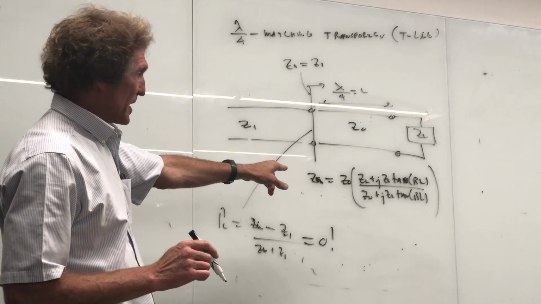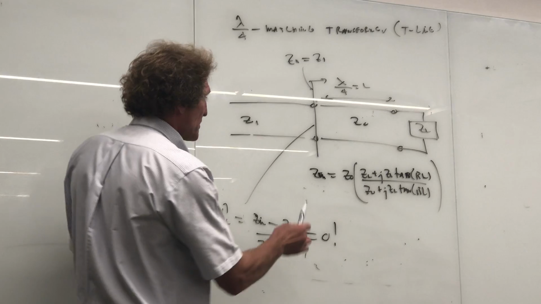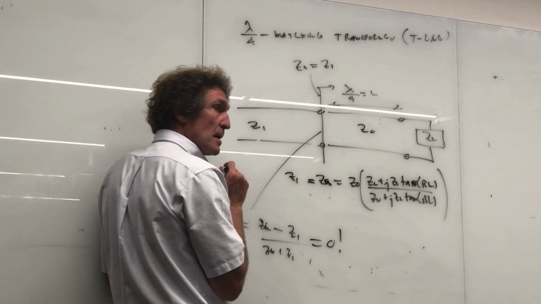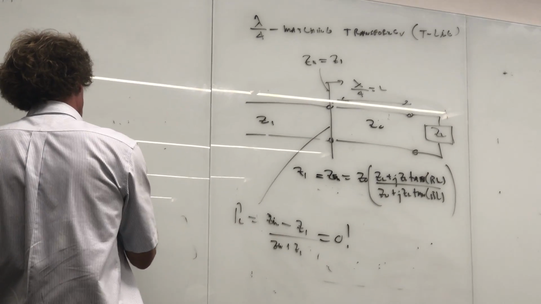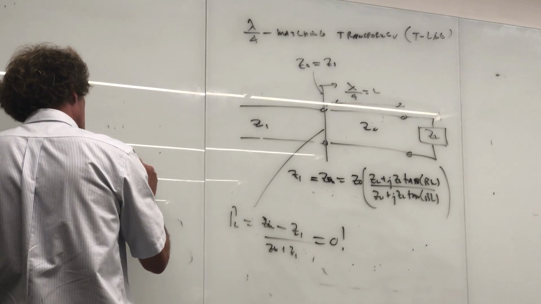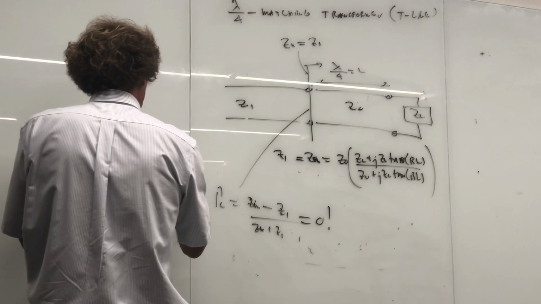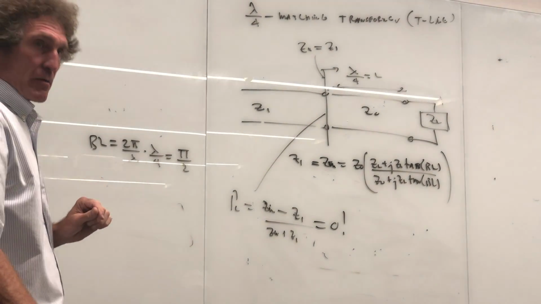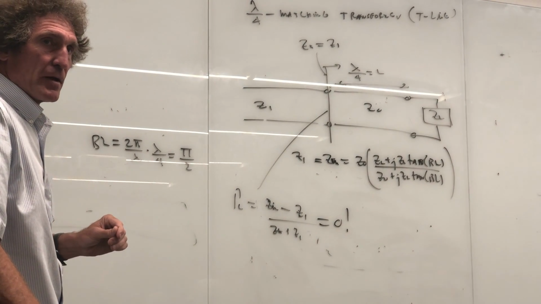So look here for a second. And notice, this is the input impedance that I want equal to Z1, right? Now look, beta L is the key thing. Beta L, if that's a quarter wavelength, beta would be 2 pi over lambda times L is lambda over 4. That's pi over 2, isn't it, class? What's the tangent of pi over 2 going to?